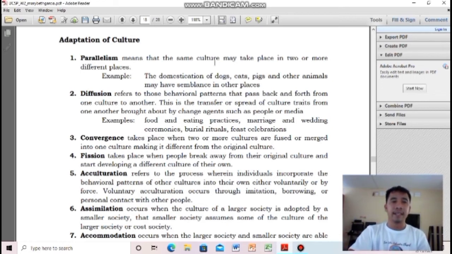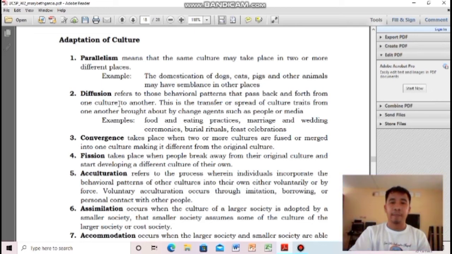Okay, next is diffusion. Refers to those behavioral patterns that pass back and forth from one culture to another. So this is the transfer or spread of culture traits from one another brought about by change agents such as people or media. From the word diffuse, kumbaga naglapta siya, no?